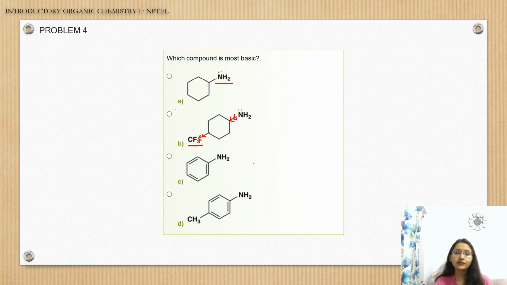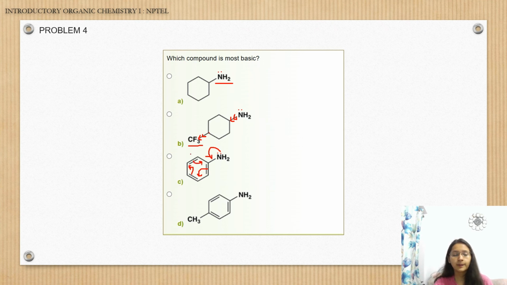Now coming to option number C, where the scenario is very different. In option number C, what is happening? The lone pair present in the nitrogen atom is now in conjugation. It is delocalized.